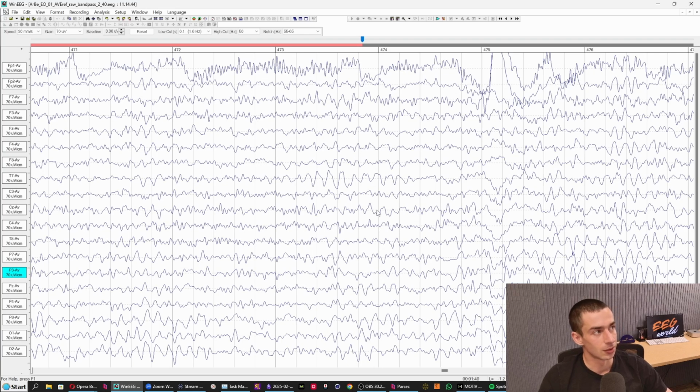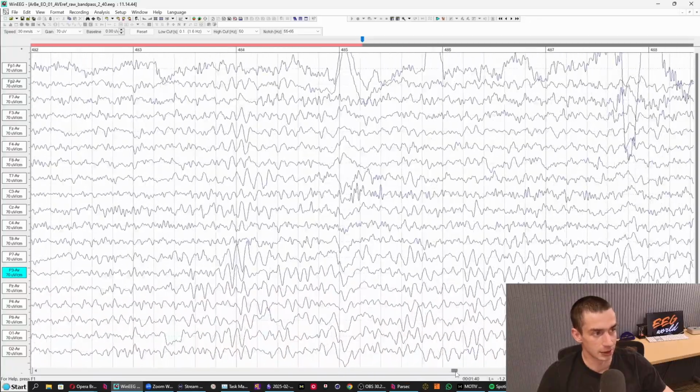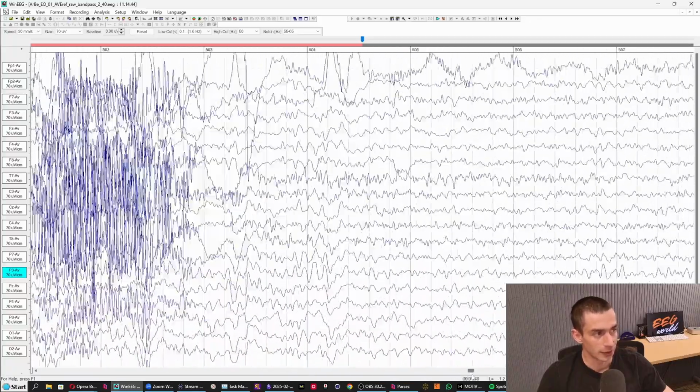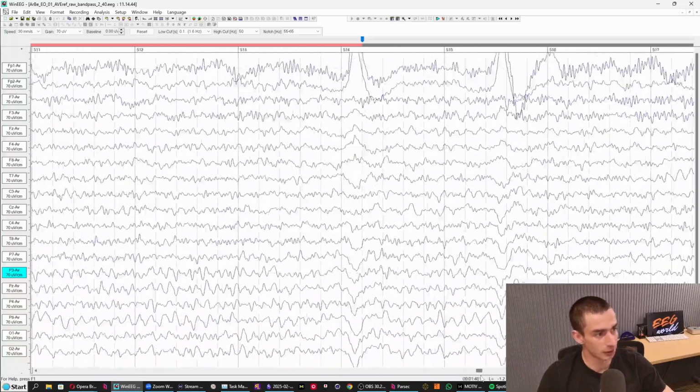So I always look at the whole file before doing the ICA de-artifacting. And then once it's clean, take a little bit of a deeper look.